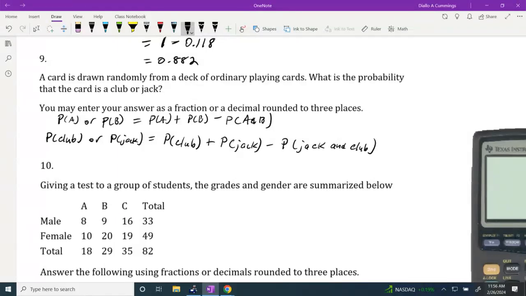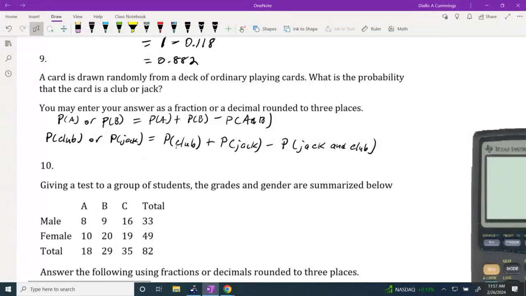And this is the reason that we must use the addition rule. So now let's just find these three probabilities, and then we're going to calculate the probability that the card is a club or a jack.